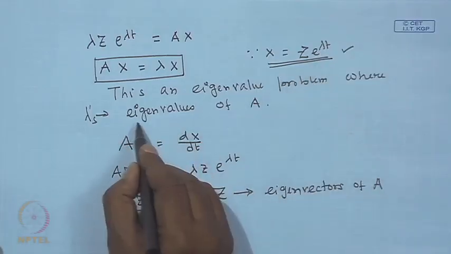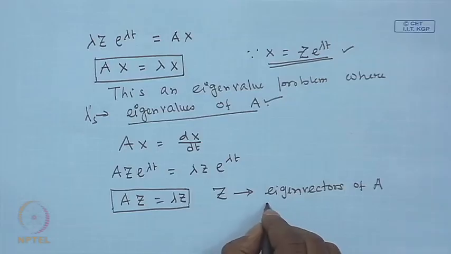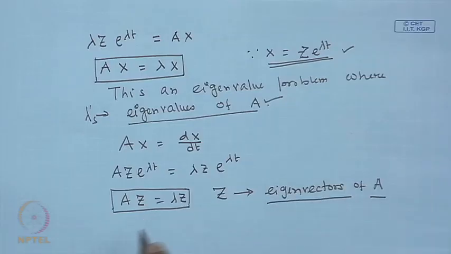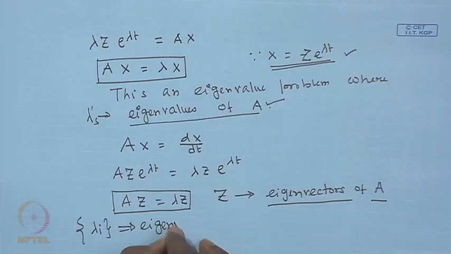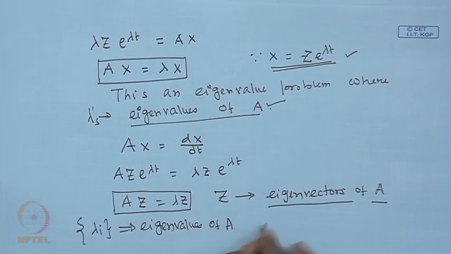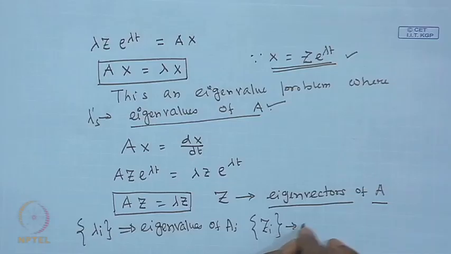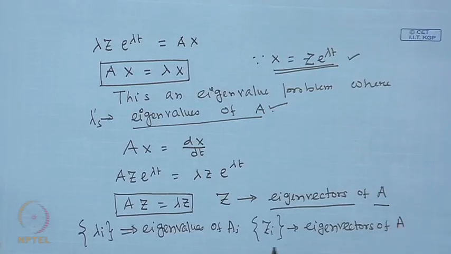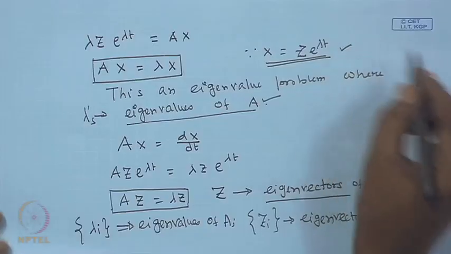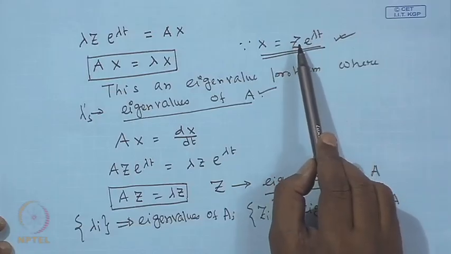These lambdas are nothing but the eigenvalues of A, and these z's are nothing but the eigenvectors of A. So, lambda i's are the eigenvalues of A, and the corresponding set of z i's are the eigenvectors of A. Therefore, for the solution form we assumed, we identify these unknowns: lambdas are the eigenvalues of A, z's are the corresponding eigenvectors.